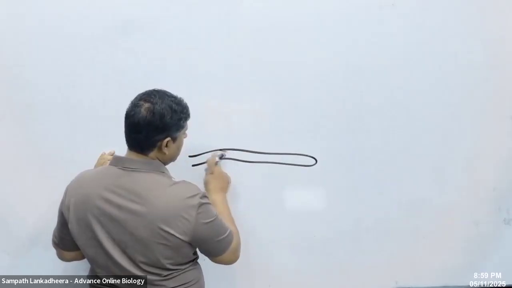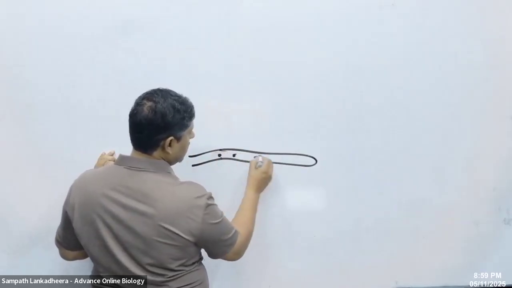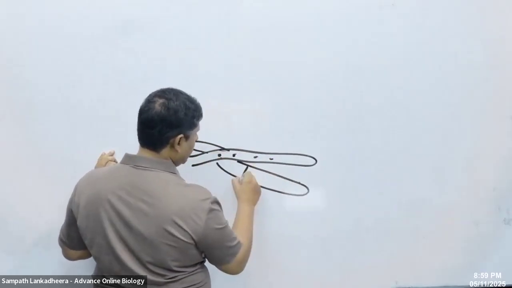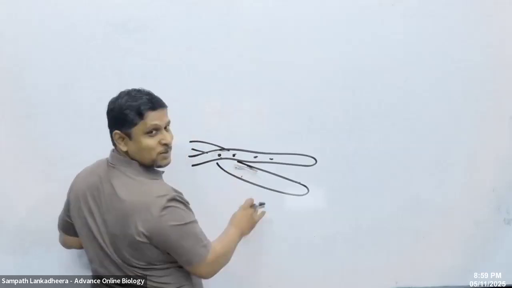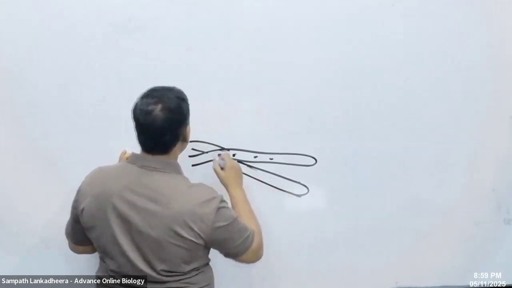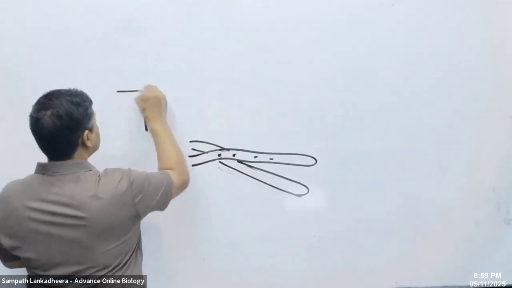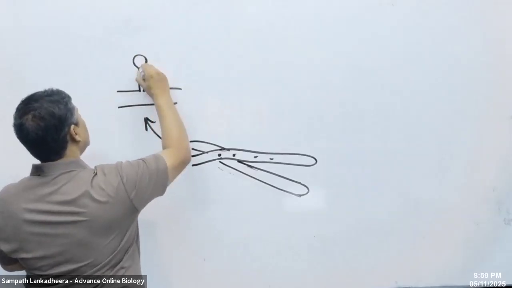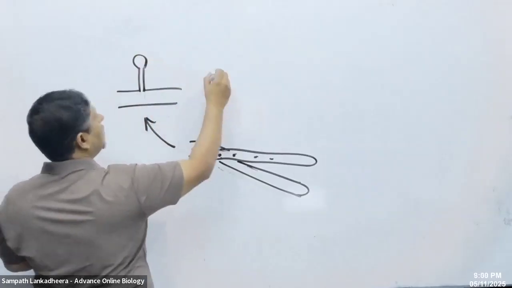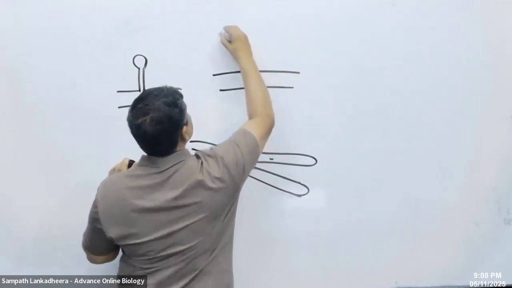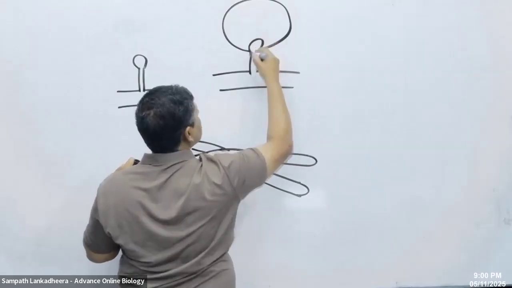No septae, many nuclei present, a multinucleated mycelium. From here some vertical filaments grow and swell and transform into a sporangium like this.